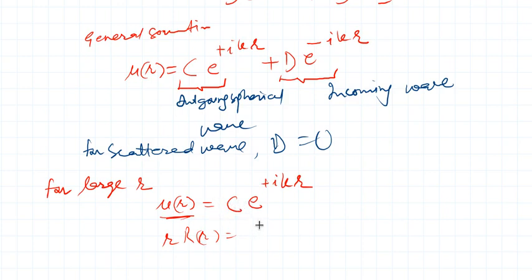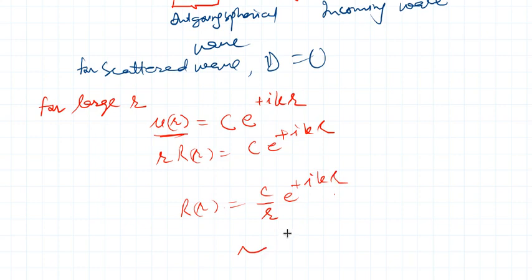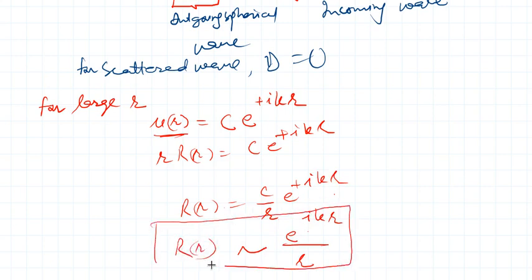So it is C e raised to power plus iota kR, and so R is what? C over R e raised to power plus iota kR, or I can say it is nearly equal to e raised to power iota kR over R. So which wave? It is an outgoing wave from the potential at very large R. So it's a spherical wave. It's going outward.